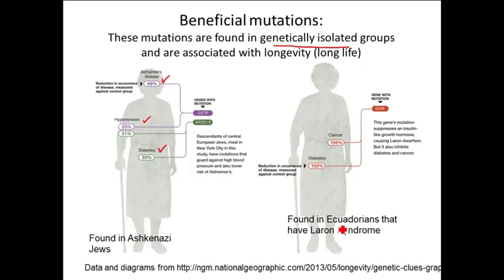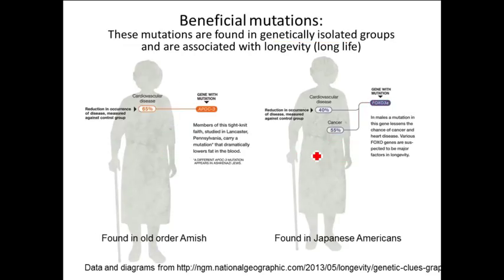In Ecuadorian people, there's this thing called Laron syndrome, which actually causes people to be small, but it also causes them to have 100% resistance to both cancer and diabetes. So even though they are very small, they don't die of cancer and they don't get diabetes.